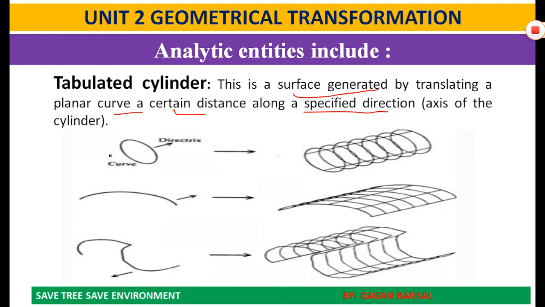As you can imagine also, if this curve is protruded to a certain length, it will form this kind of shape. Similarly, when this curve is protruded, it forms a surface. This kind of surface entity is known as tabulated cylinder entity. As from this freehand curve we have drawn this kind of surface. So these are all analytical entities.